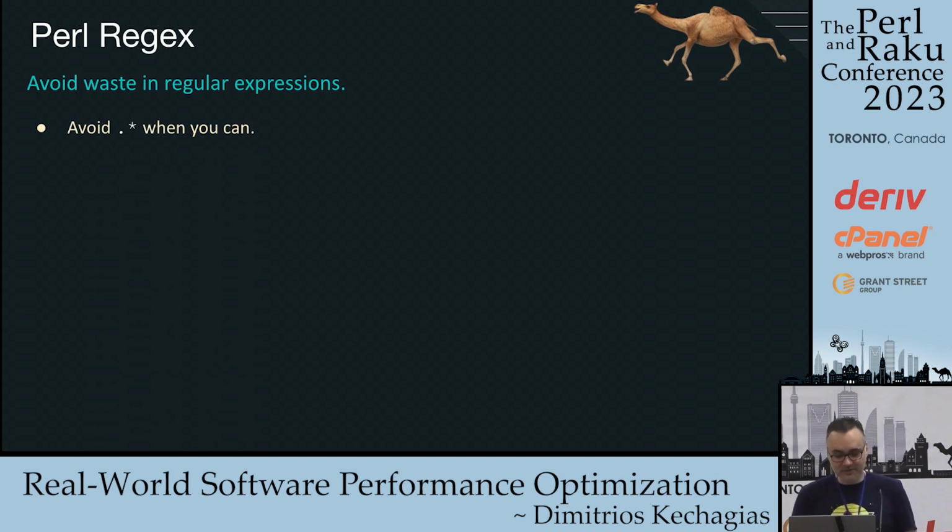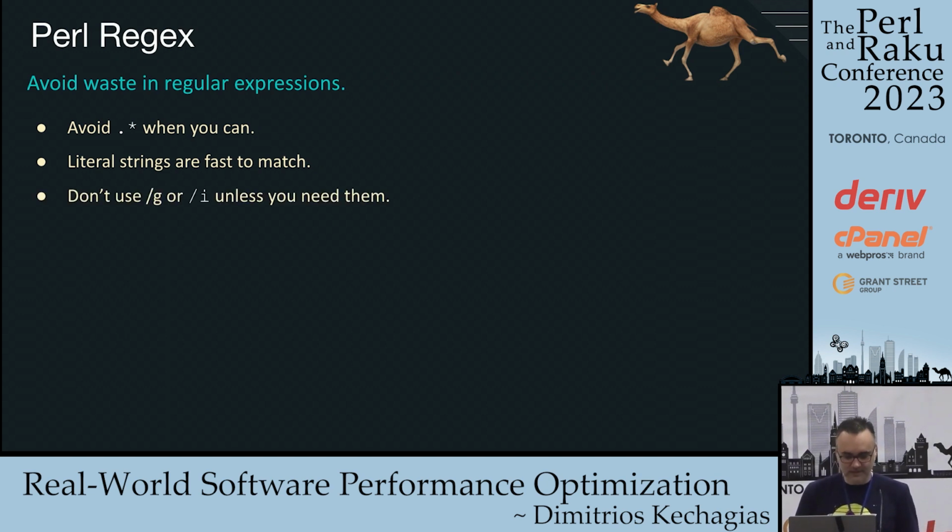Talking about regular expressions, avoid waste. Don't use dot star. Many beginners put it at the start or the end, which makes things much slower because there's a lot of backtracking. Use literal strings wherever you can, they're fast to match. Don't use the G or I modifiers unless you actually need them.